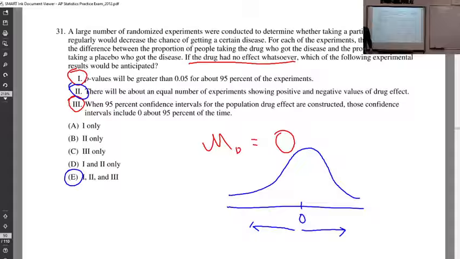So these are all true. And again, that's largely relying on the fact that we're saying that the drug has no effect, which means that the difference between the drug and the placebo's effectiveness should be 0. There should be no difference between the two drugs' effectiveness.